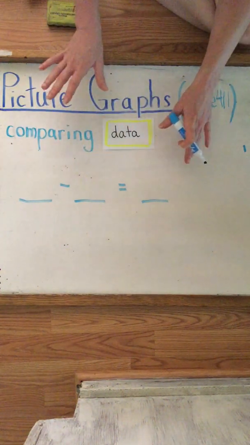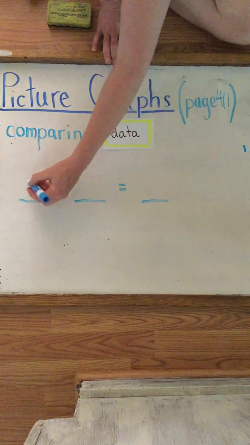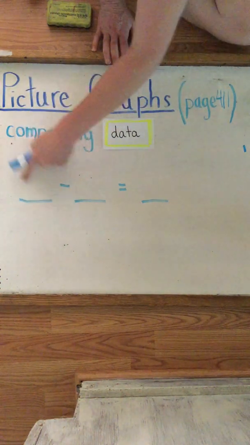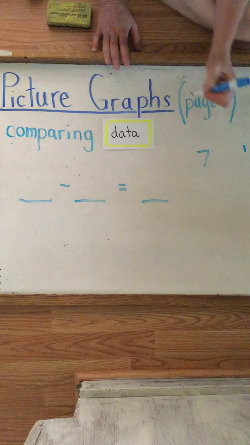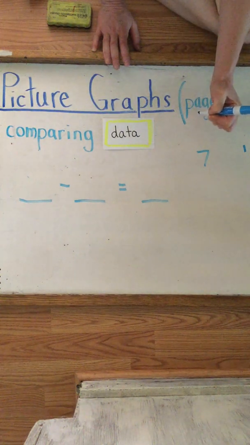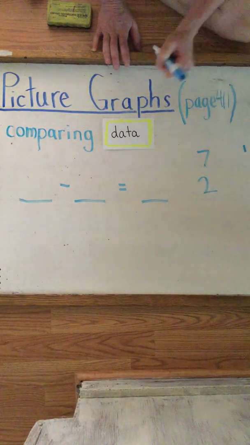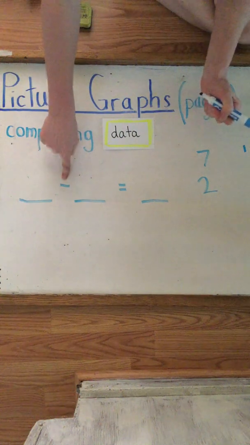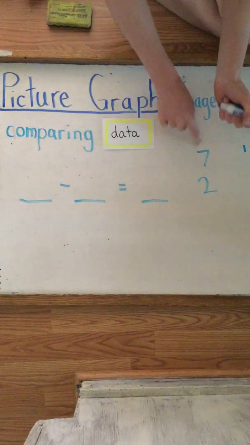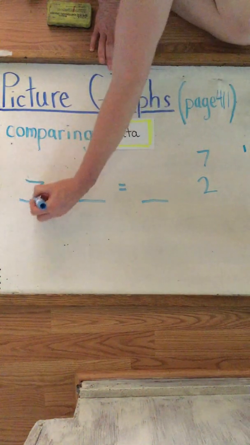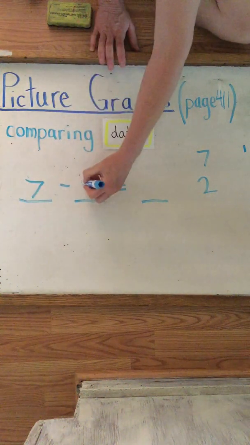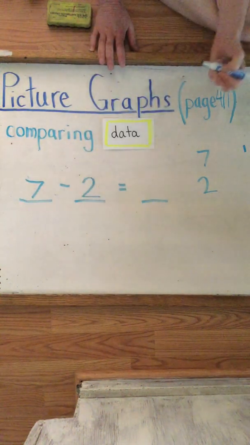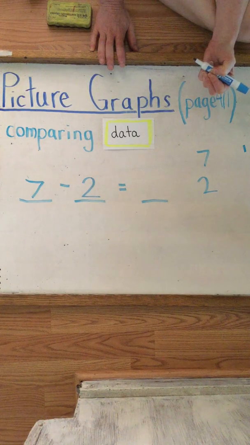Okay, so I just turned back, and I remember that there were 7 dogs and 2 birds. Well, I know in subtraction, the bigger number goes first. So I'll put 7 dogs first, and then 2 birds. And I wonder how many more children have a dog than a bird.